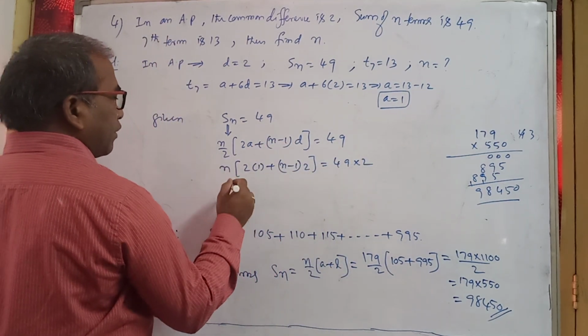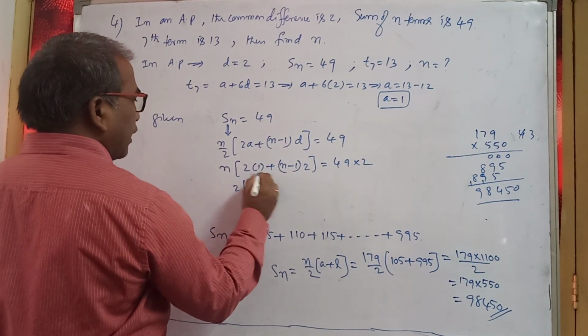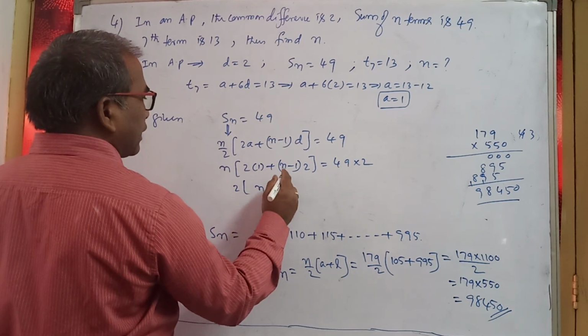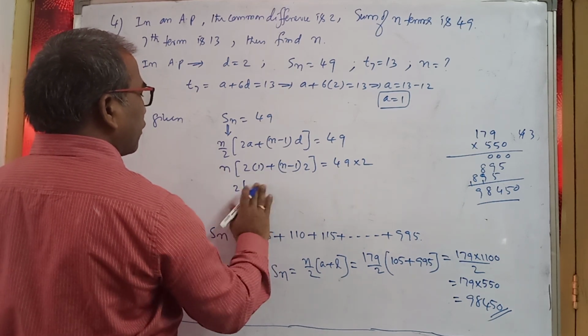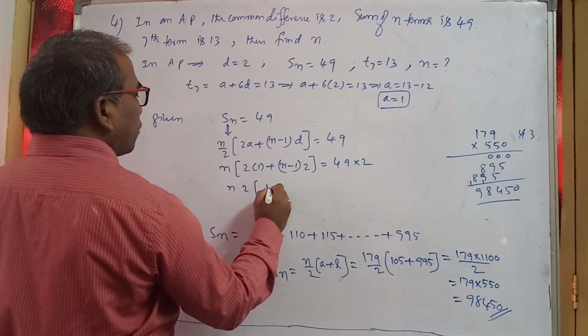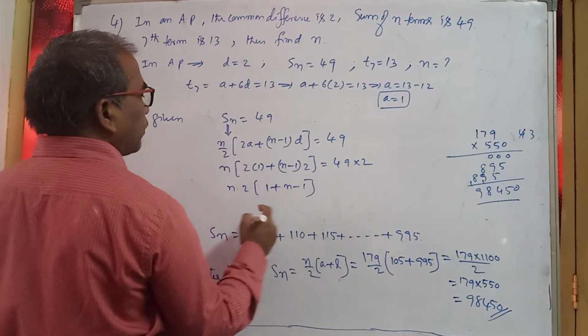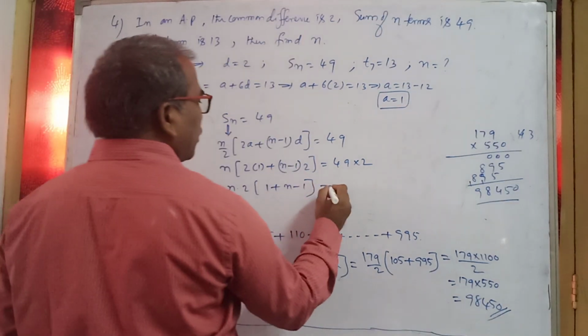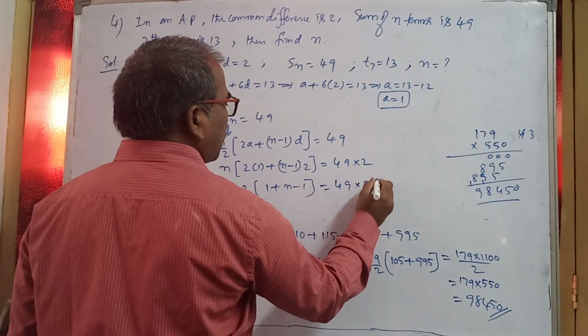2 is common here. Take n. One step I will write: n into 2 into 1 plus n minus 1. Here 2 is common, is equal to 49 into 2.